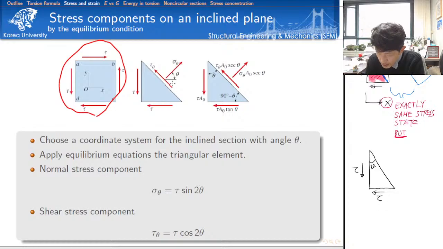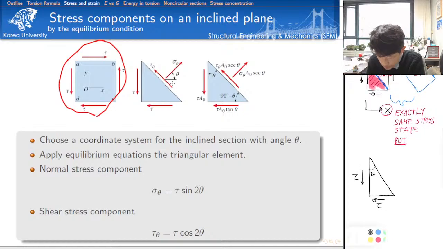Because we want to read the stress components on this surface, according to our definition of the Cartesian coordinate, there must be two different stress components. One is a normal stress component, sigma theta, and the other one is what? The shear stress component on this surface, tau theta.